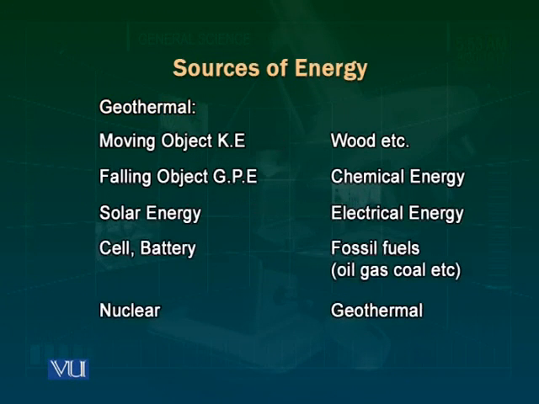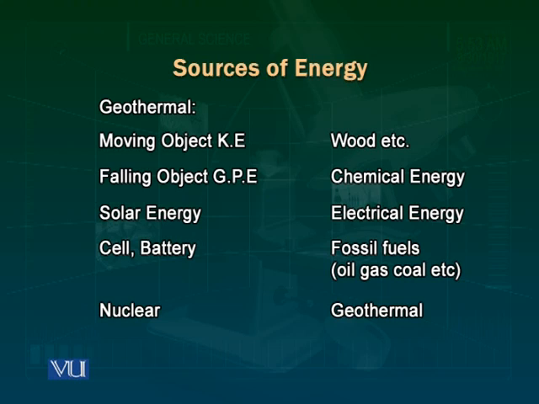Now, when we look at sources of energy, they can be moving objects, or fuels like wood, oil, and gas. As fuels, we can say these are sources of energy. We have falling objects, which is again a source of energy. We use falling objects like in hydropower projects.